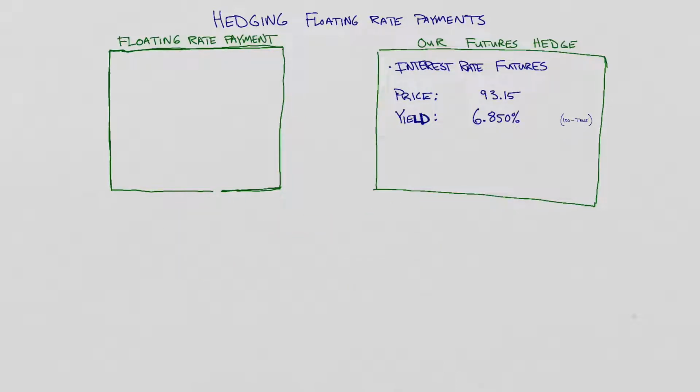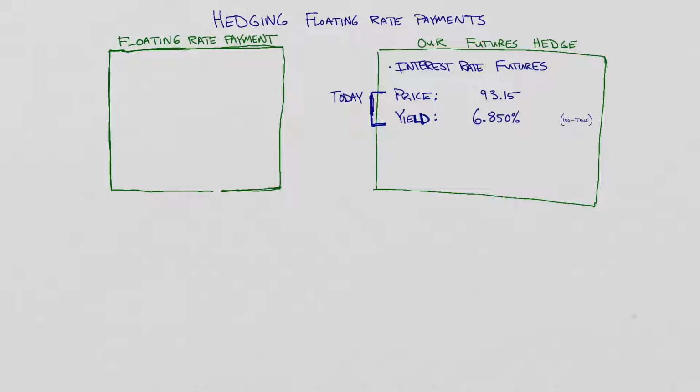So just to illustrate this idea with numbers, let's pretend that this is the price and correspondingly the yield 3 months later. And today, actually, let's say that this is the price that we're seeing for futures contracts. For 3 months from now, an annualized yield of 6.85%.